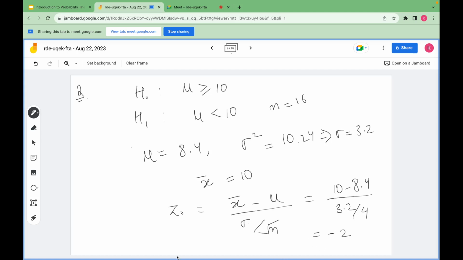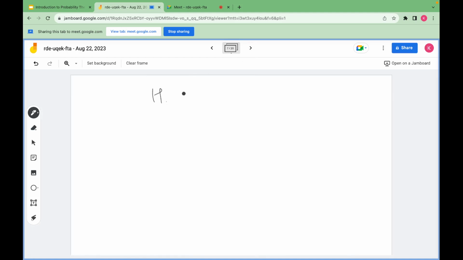Now we will see the z for 0.05. What is the value of z for alpha 0.05? From the z table, it comes out to be 1.645. Here our alternate hypothesis is mu less than 10, so when our z0 is less than minus z alpha, we reject our null hypothesis.